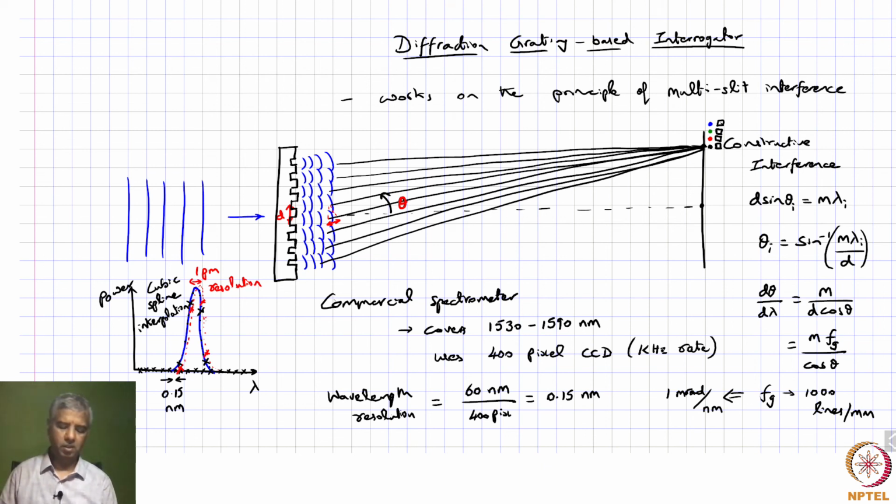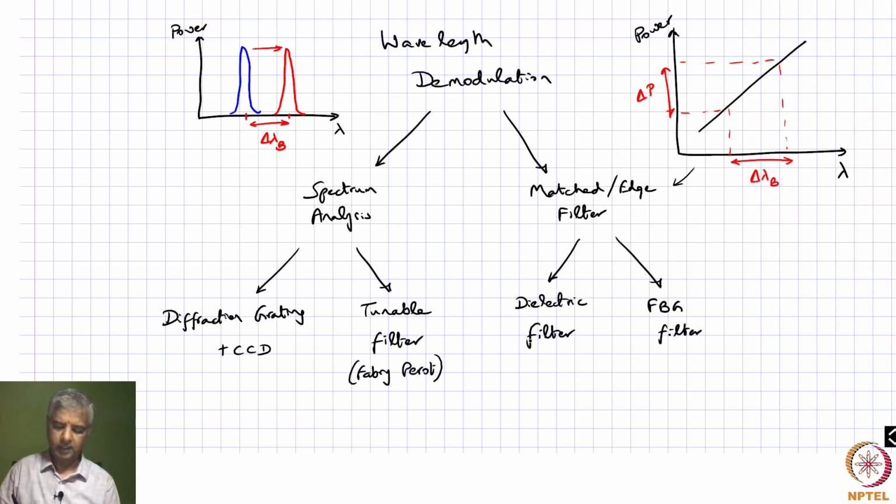What that means is, if the perturbation is changing at a rate faster than a millisecond, you are not able to pick it up. But typical things like static strain values or static changes in temperature, or even somewhat quasi static cases like vibration measurements which are in the order of 100 hertz and so on, this type of an interrogator is actually fairly good for that. So we will go on to talking about some of the other techniques in the next lecture.